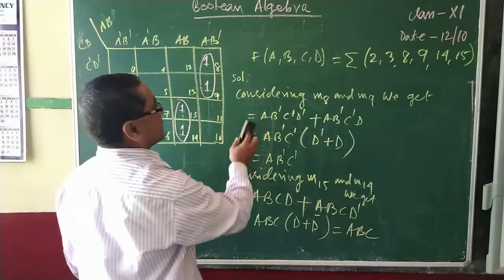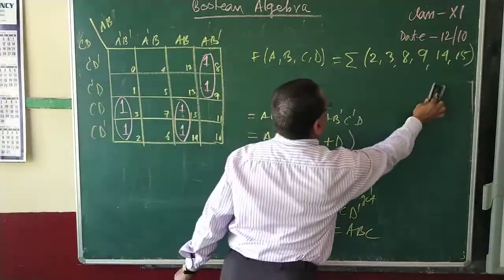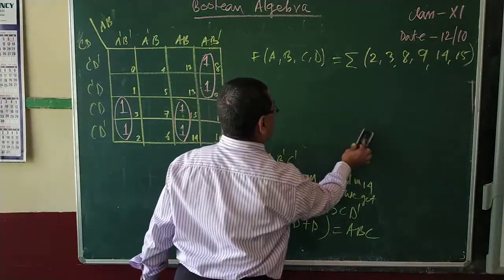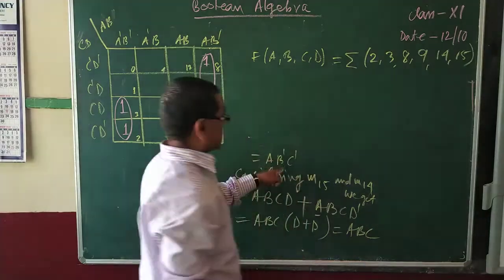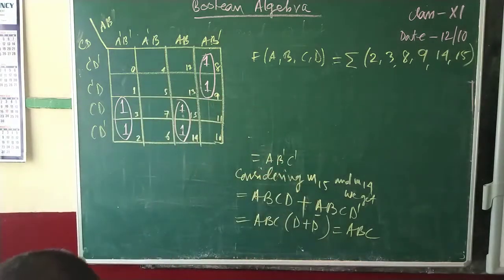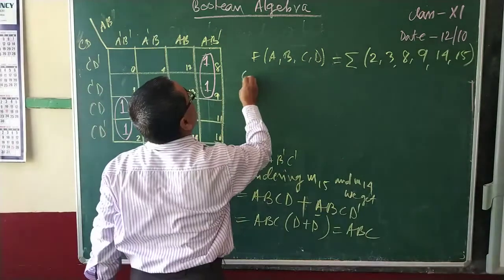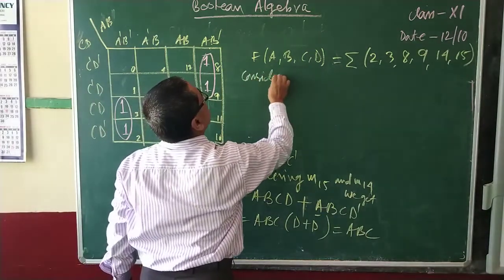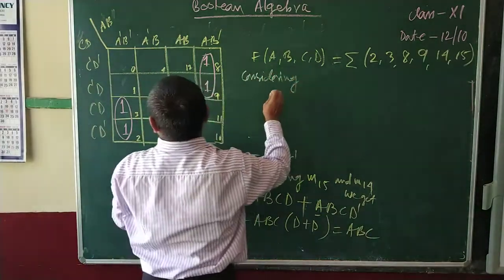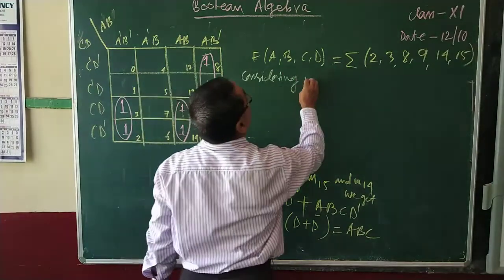This is the answer of the first one. I am not writing it yet because it is required at the end. Now again I am writing, considering M3 and M2.